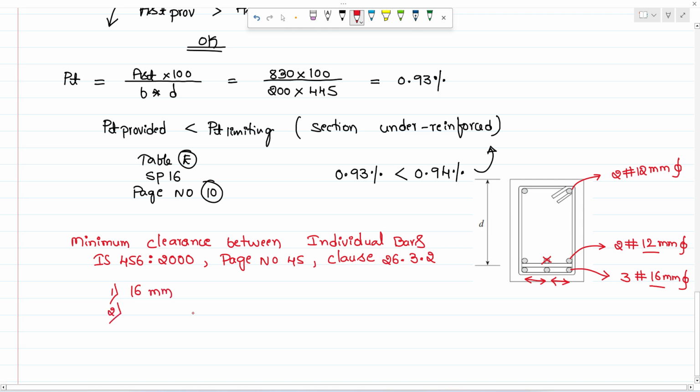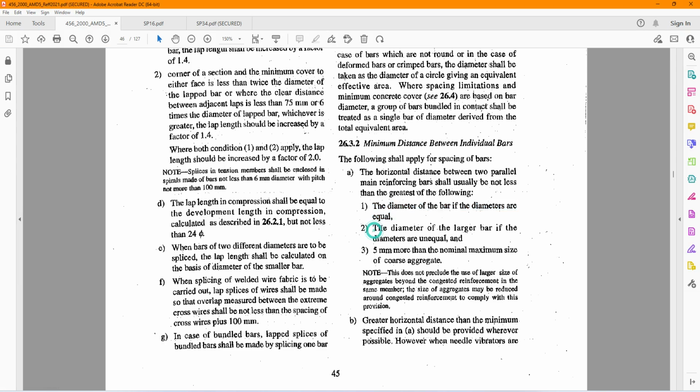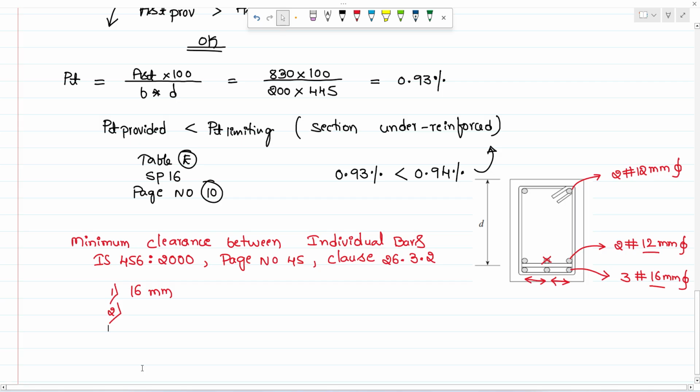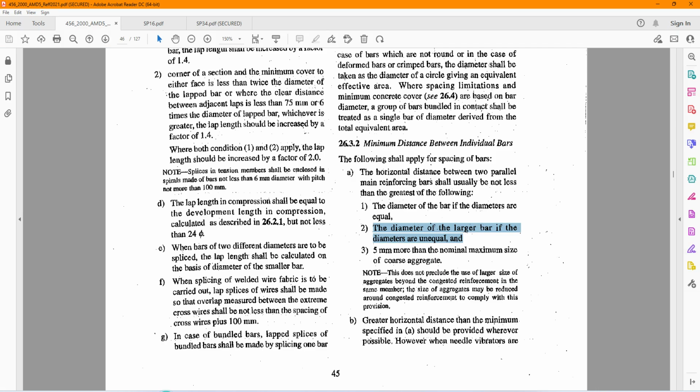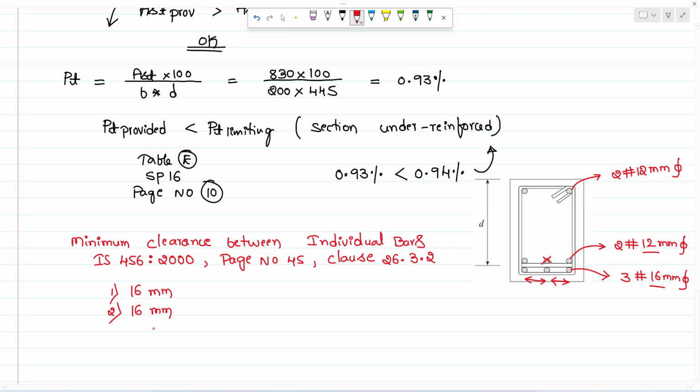So absolutely it is 16. Next, second criteria, the diameter of the larger bar if the diameters are unequal. So again it will be 16 mm. Next, third criteria, 5 mm more than the nominal size of coarse aggregate.